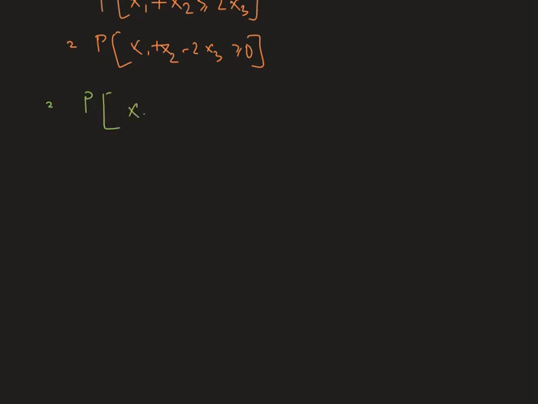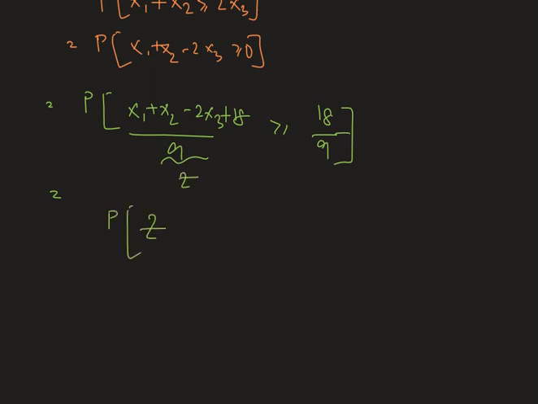Or we can write x1 plus x2 minus 2x3 plus 18, divided by 9, is greater than or equal to 18 divided by 9. Hence this is nothing but a standard normal random variable, suppose named z, and z is greater than or equal to 2.